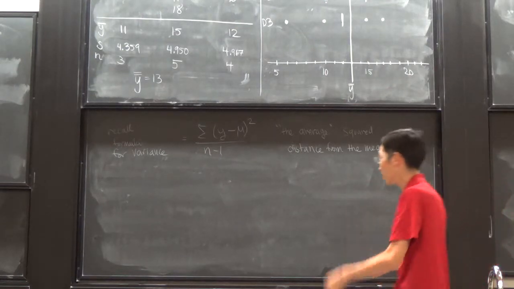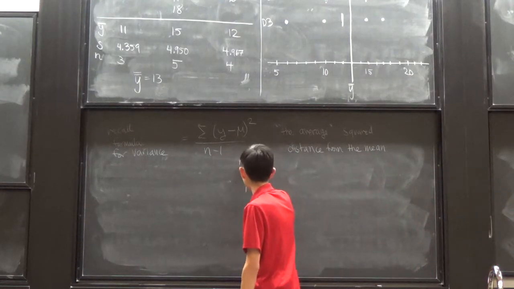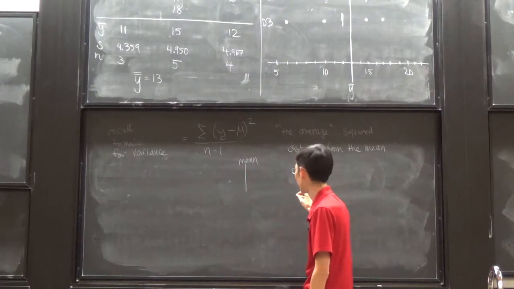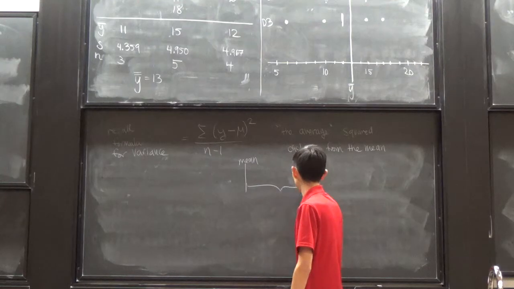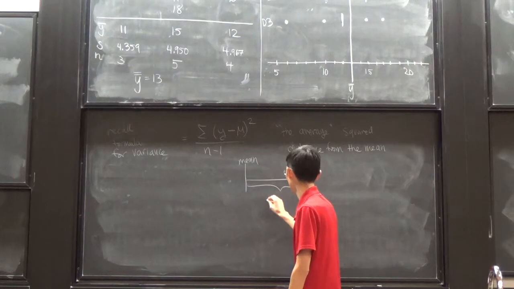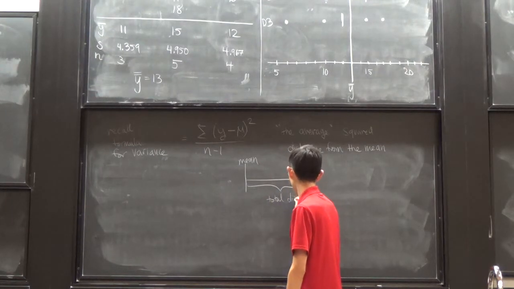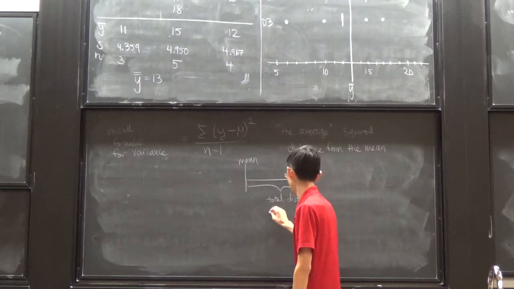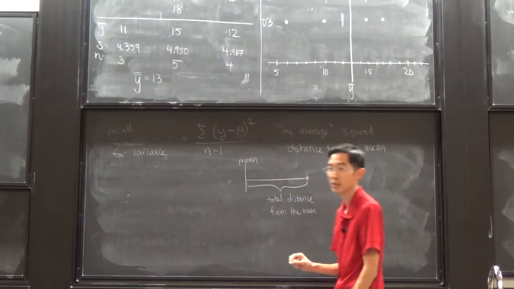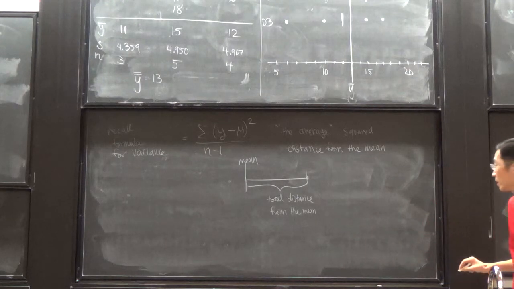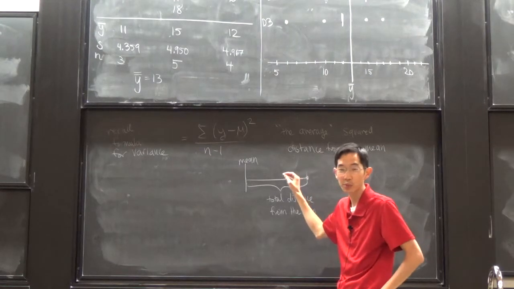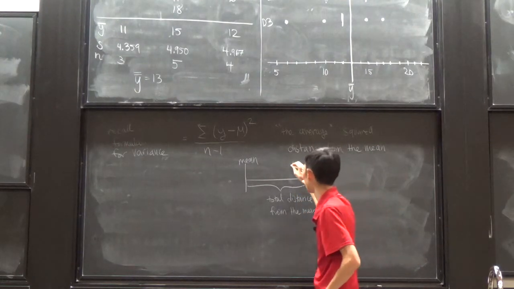Okay, so let's say this is the mean right here, and someone is out here. This is the total distance from the mean. And we might say that this point belongs to a group, and that group's mean is right here.